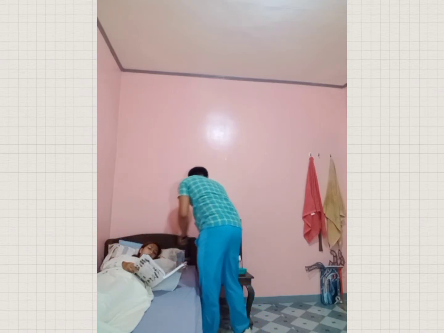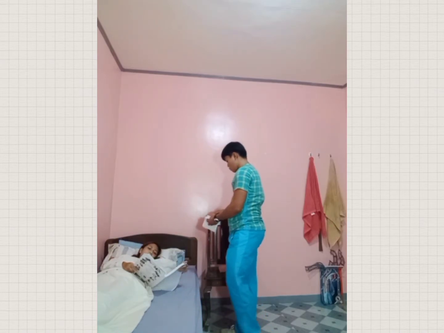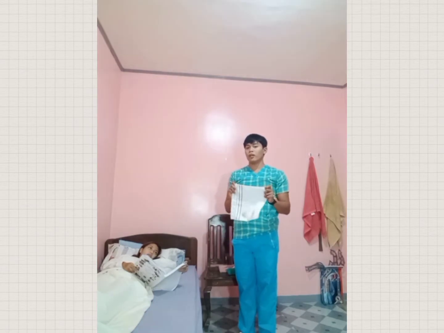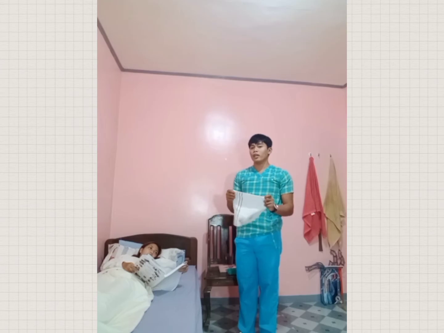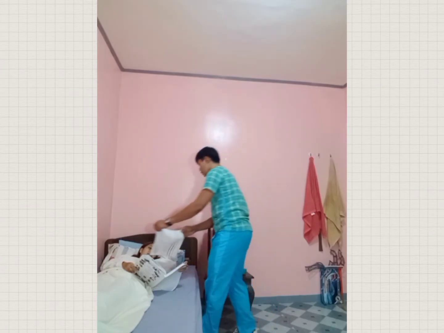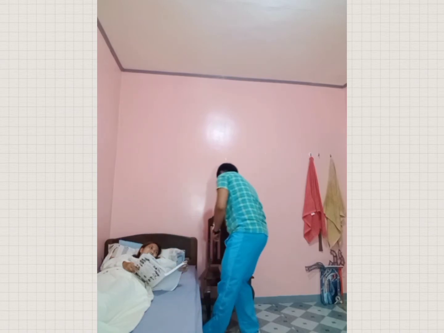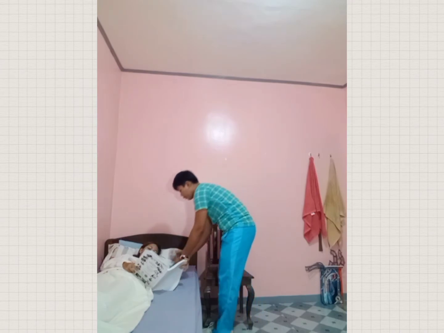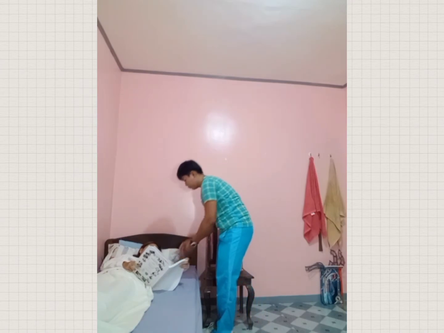Put the draw sheet over the towel with rubber sheet. So assuming that this is a draw sheet, I will use this to cover the base towel that I have placed under the client's chin. And I'm gonna put this kidney tray under it.